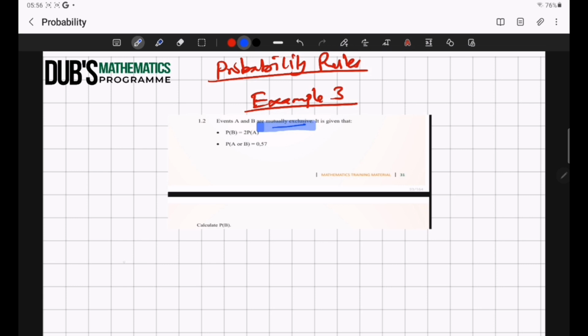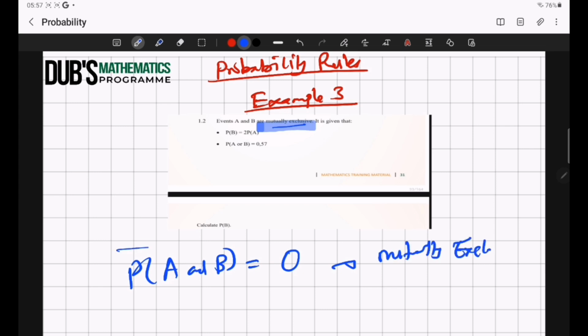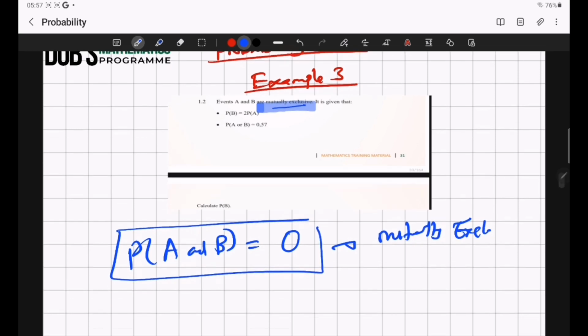So probability of A and B will be 0. Why? Because they are mutually exclusive. That's the condition.